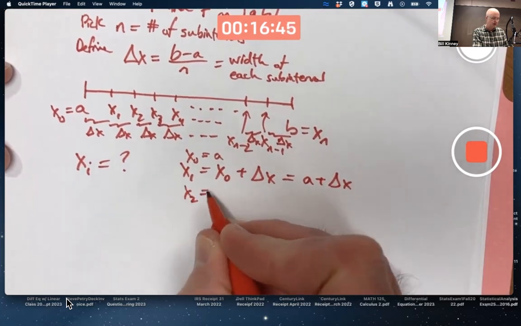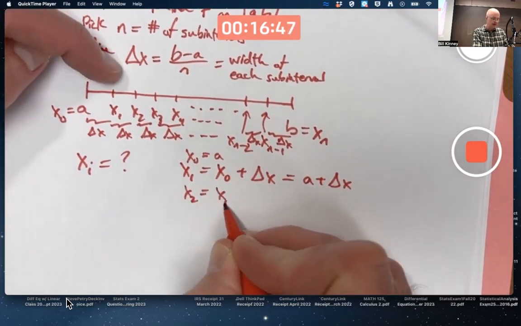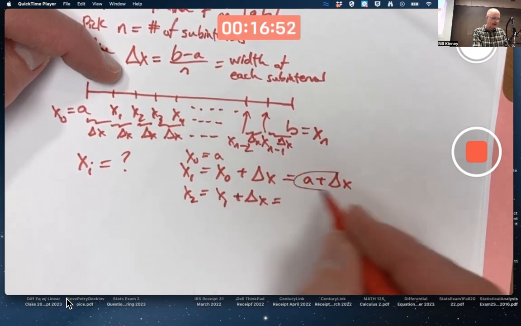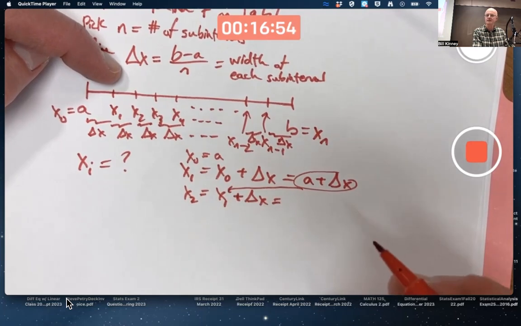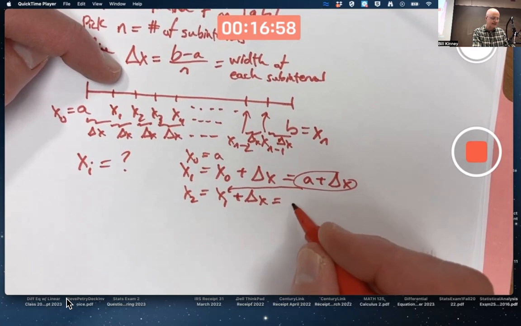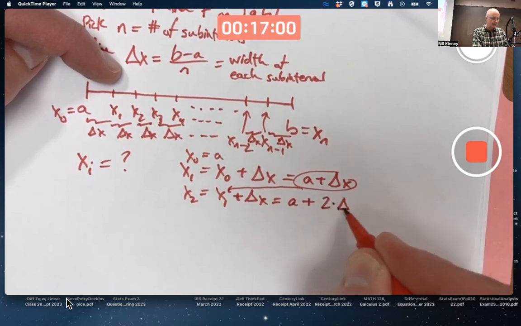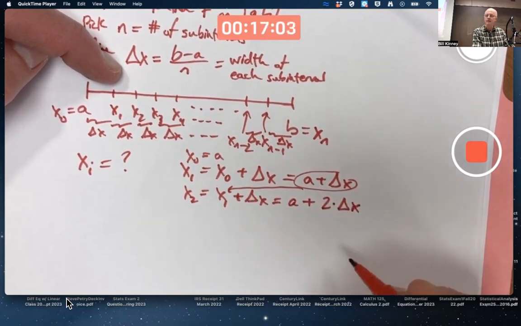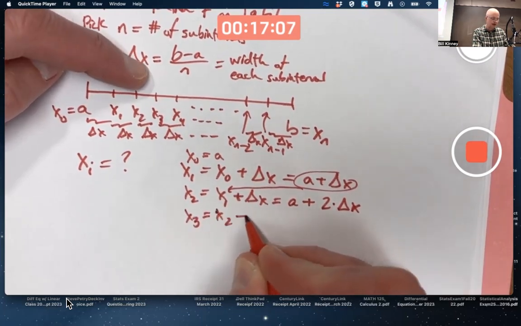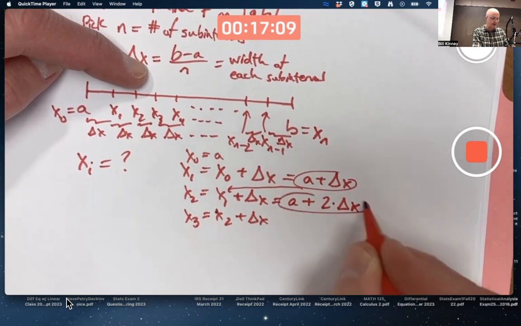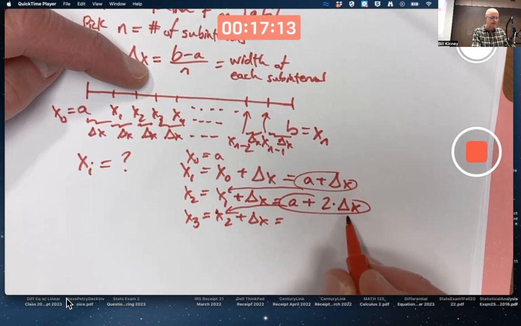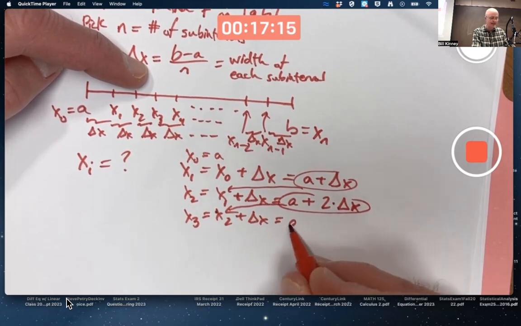x sub 2, look at the picture, is x1 plus delta x. But x1 can be replaced by a plus delta x. And then delta x plus delta x is 2 times delta x. x3 is x2 plus delta x, and then the x2 can be replaced by a plus 2 times delta x. 2 times delta x plus delta x is 3 times delta x.